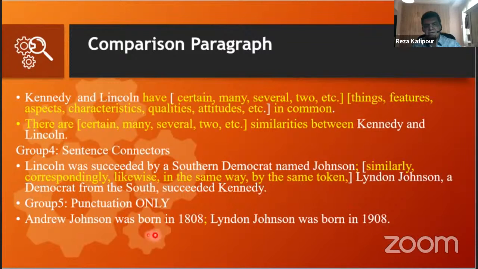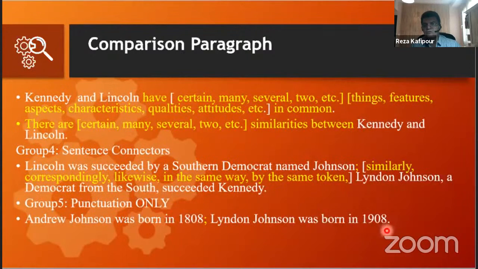Based on the sentence, when we know that we are comparing these two persons based on similarities, when we say 1808 and 1908, the reader understands that we are comparing these two persons based on the decade, the similar decade in which they were born, but not similar centuries, because the centuries are different, 18 and 19.